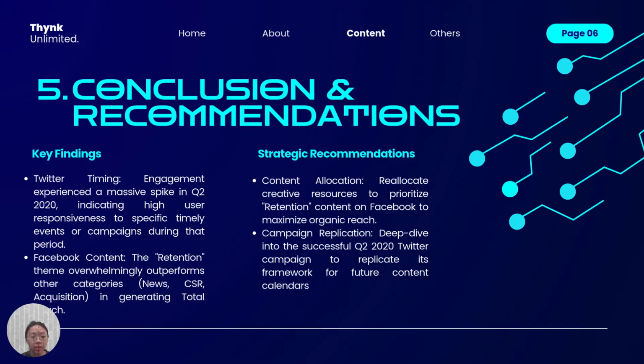Content: the retention theme on Facebook overwhelmingly outperforms other categories in generating total reach. And regarding strategic recommendations, first, content allocation. We should reallocate creative resources to prioritize retention content on Facebook to maximize organic reach.